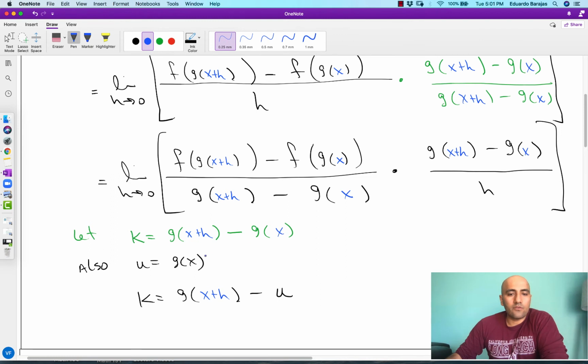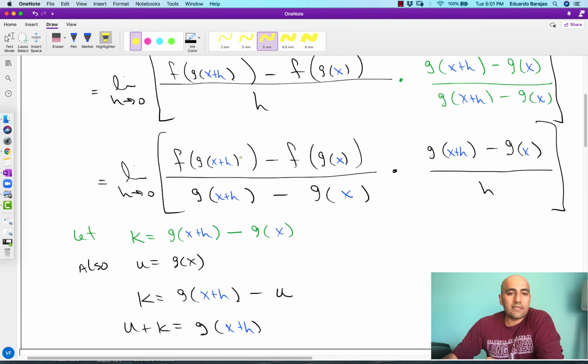Right? So I'm just replacing this g of x with a u, and I can move it over, and so I could say that u plus k equals g of x plus h. Okay, all right, so now right here, I'm going to replace this guy with my newfound substitution.